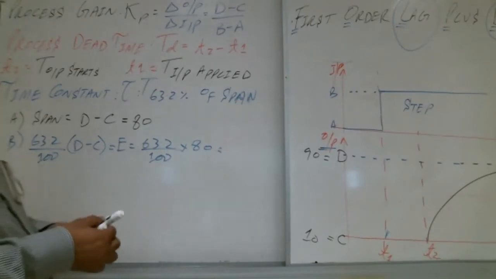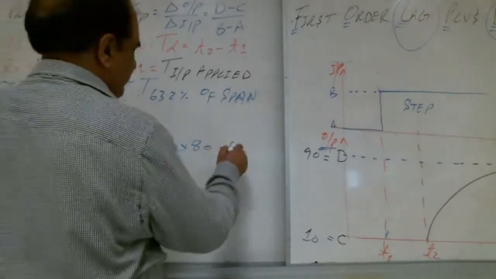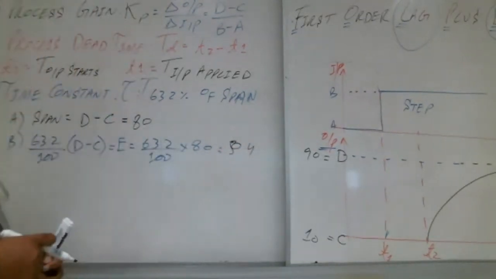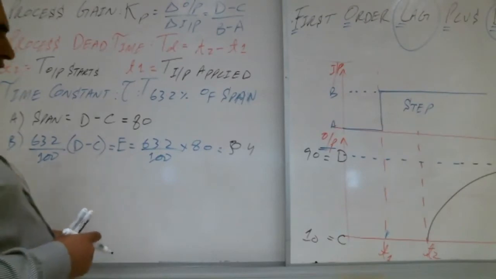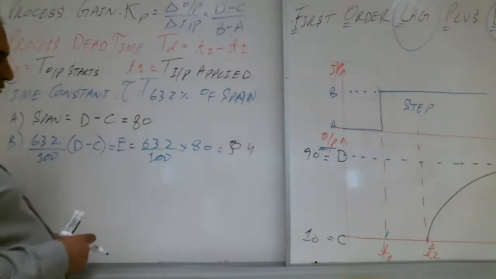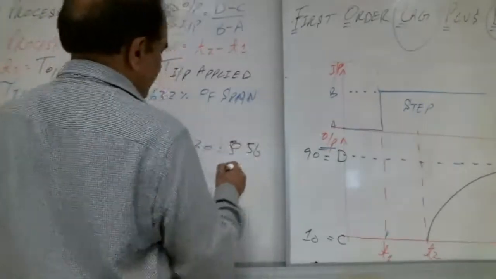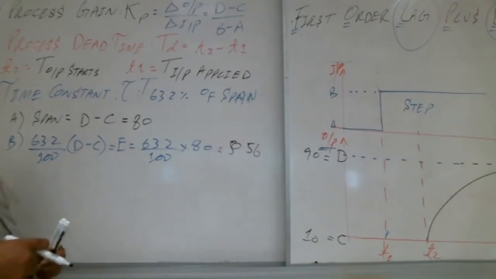Where is the calculator? 50.4, some brother is saying 50.4. Shabab, verify it. Another says 50.56. Everybody verify this one, whatever, please verify.